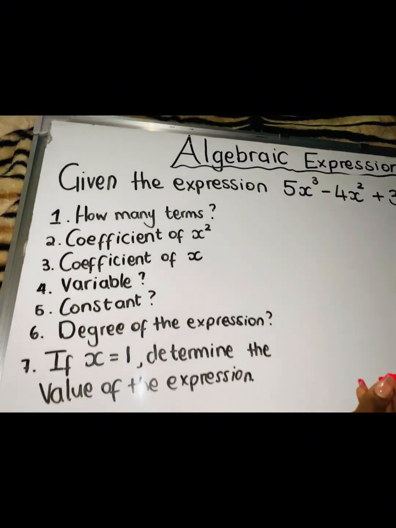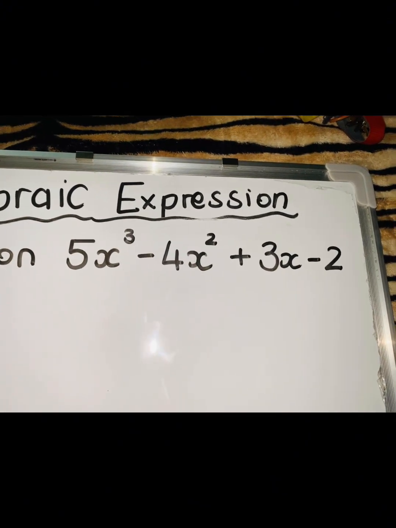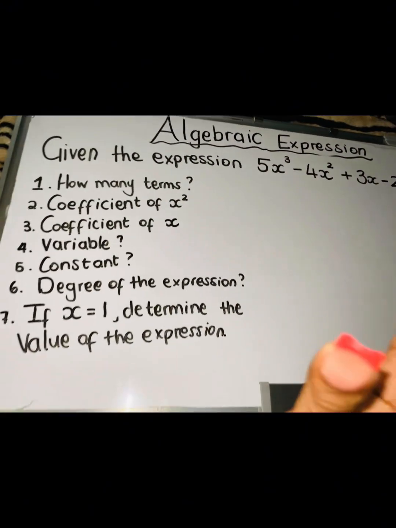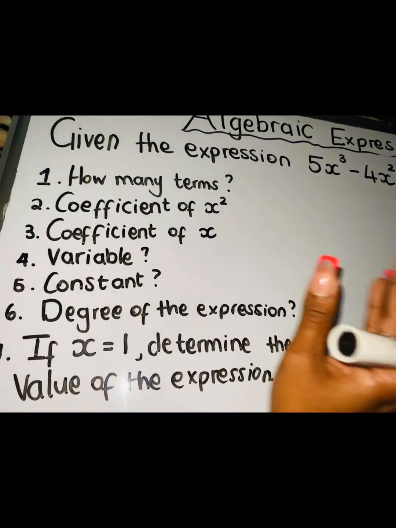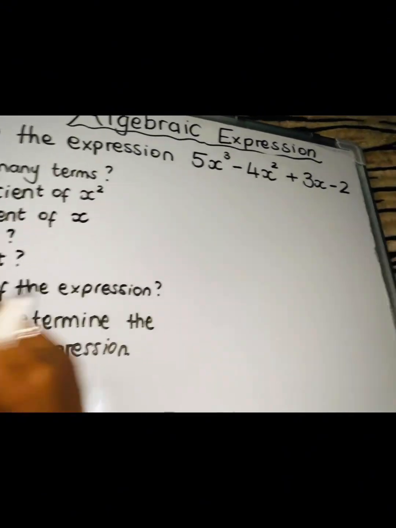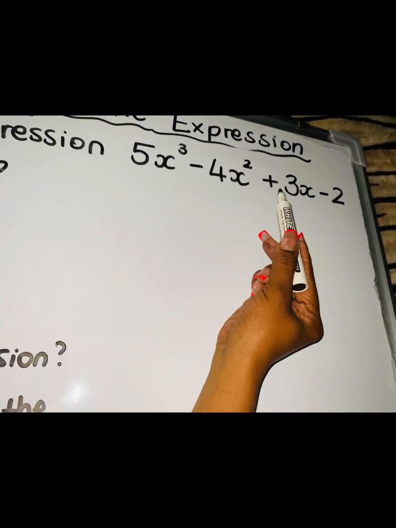Right, guys? I did not write these questions in full sentences, but this is what they would ask you. So given the expression 5x cubed minus 4x squared plus 3x minus 2, they're giving you this expression. And the first question is asking, how many terms do we have? So we said terms are separated by a plus or a minus.